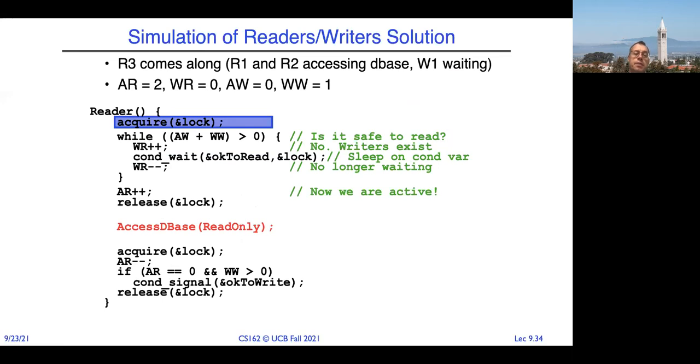Finally, R3 comes along, acquires the lock, and checks whether there are active writers or waiting writers. There are no active writers, but there is 1 waiting writer, W1. So therefore, the new reader, R3, has to wait.